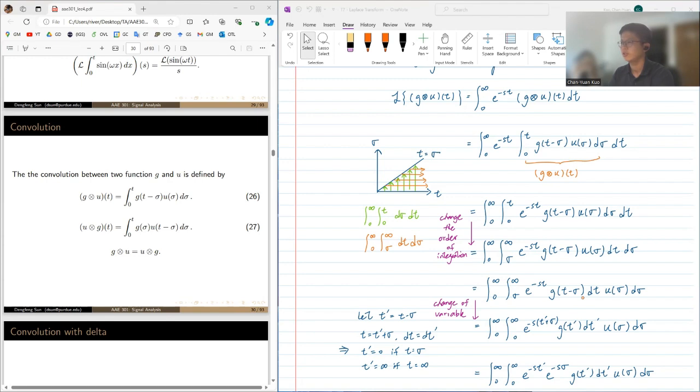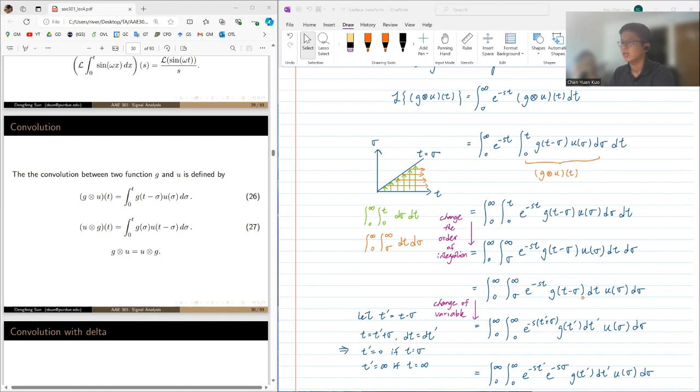So for the horizontal axis, we have t, and for the vertical axis, we have sigma. And this line here is a line for t equals sigma. And for this integration, we are integrating sigma from 0 to t, and then we integrate t from 0 to infinity. So essentially what we are doing is we're integrating over this area here.